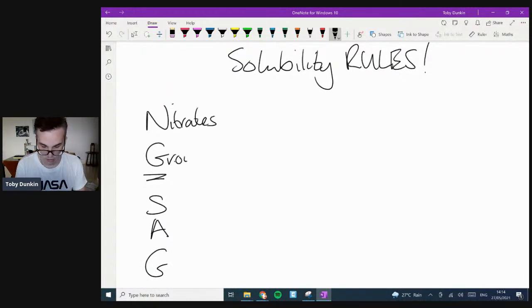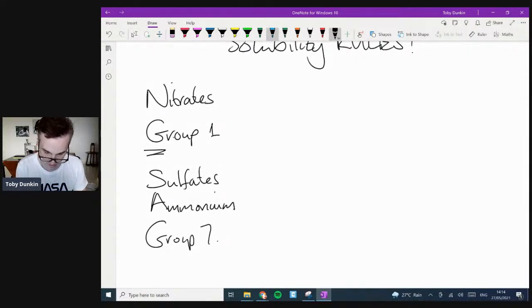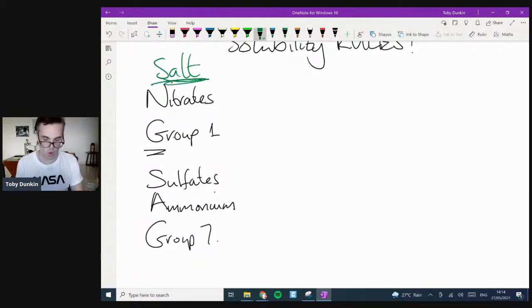Nitrates. Group 1. Sulfates. Ammonium. And group 7. So these are the salts that we're dissolving in the water.